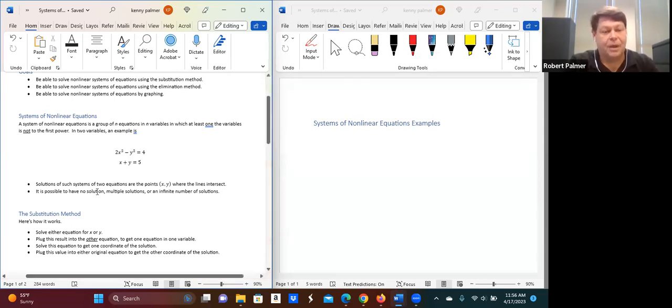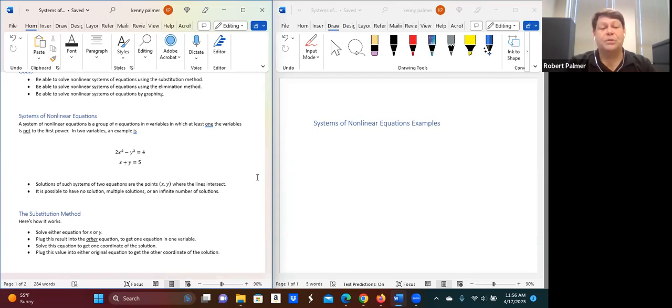Now, what's one thing they have in common with systems of linear equations is that the solutions to the equations are still points where the graphs intersect. And in the same way, if they don't intersect at all, then there's no solution. One thing that is different about systems of nonlinear equations is that you can have many more possible types of solutions. You can have no solution if they don't intersect. You can have one solution or multiple solutions.